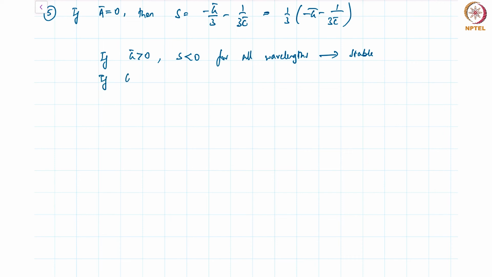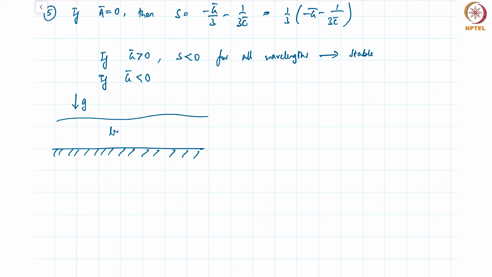But on the other hand, if G bar is less than 0, what does that mean? The gravity vector is in the opposite direction. Remember, our original problem was like this: the schematic we had taken was a thin film with gravity downwards, with liquid and gas.